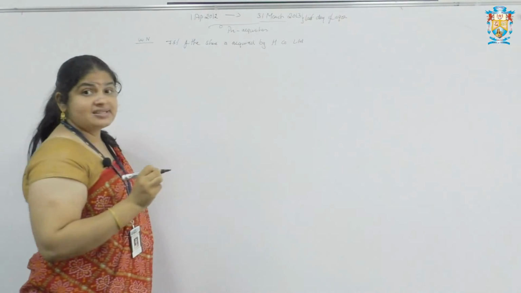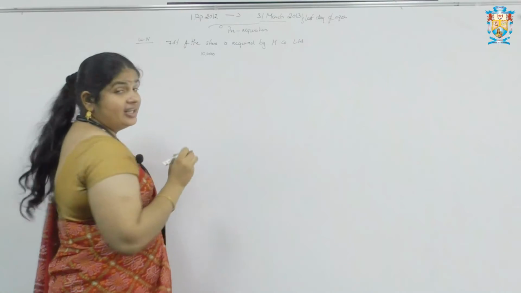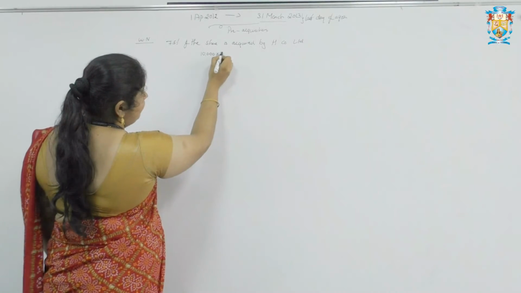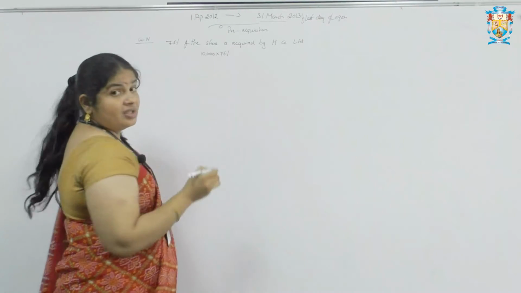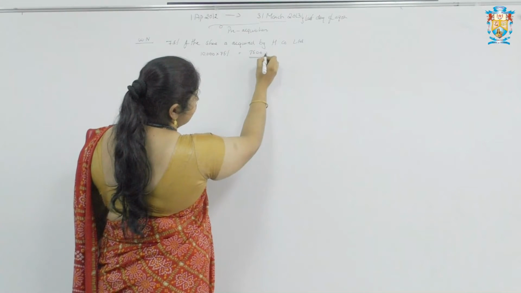So totally in S company, how many shares are there? 10,000 shares. Of the 10,000 shares, 75% is acquired by H company. That is nothing but 7,500 shares.